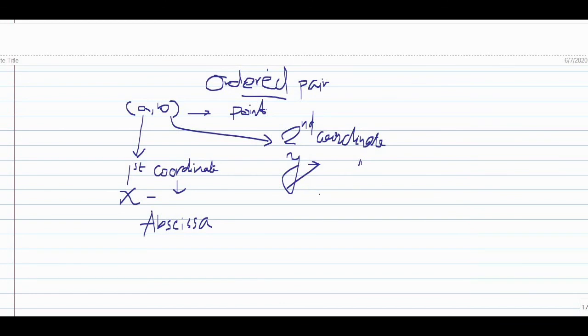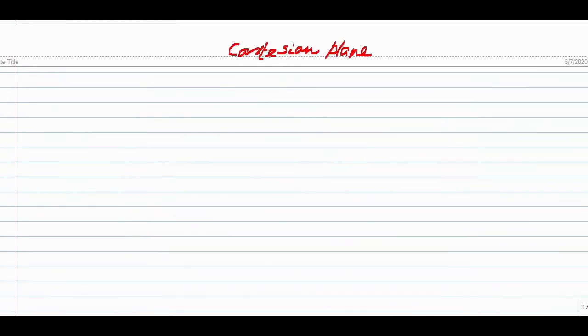The first term, the x coordinate, is also named as abscissa, and the second term is also named as ordinate. So when we consider an ordered pair (2, 3), here 2 is the abscissa, which is the x coordinate, and 3 is the y coordinate, which is the ordinate.